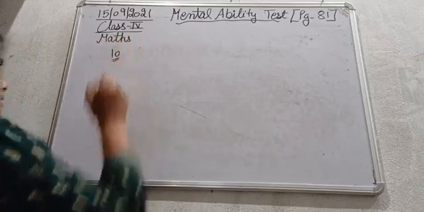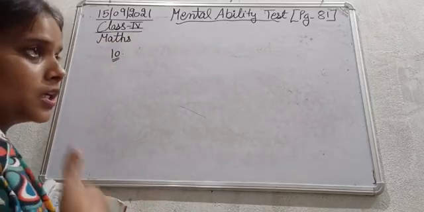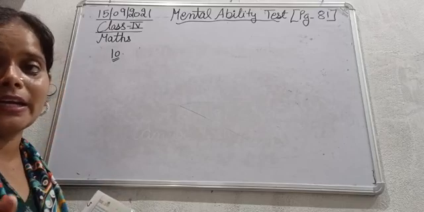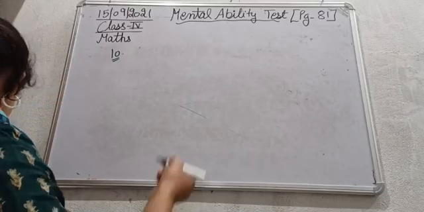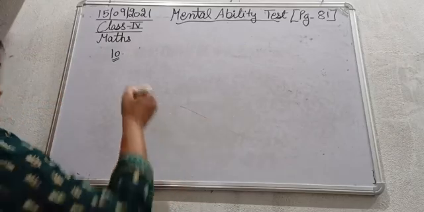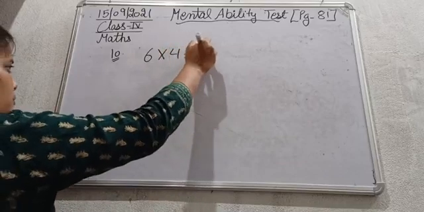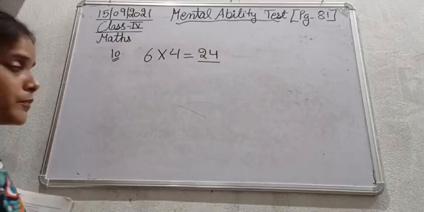There are two methods through which you can calculate whether the given number is a multiple of the other number. Either you can divide it or you can use multiplication. So is 24 a multiple of 6? 6 multiplied by 4, 6 into 4 is equal to 24.